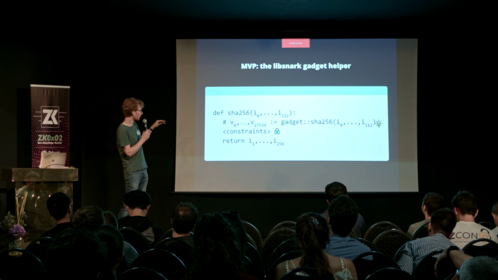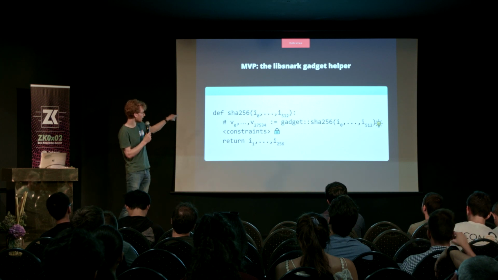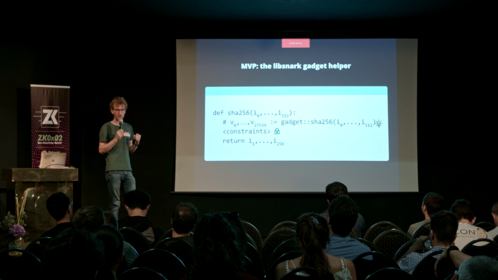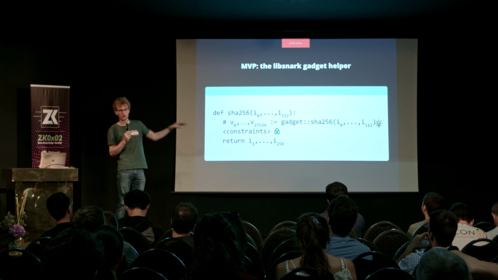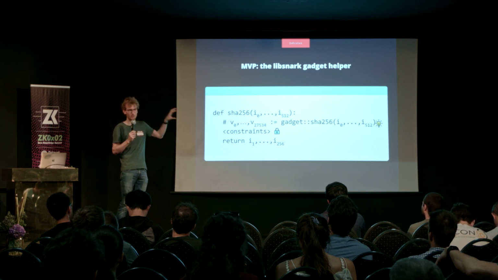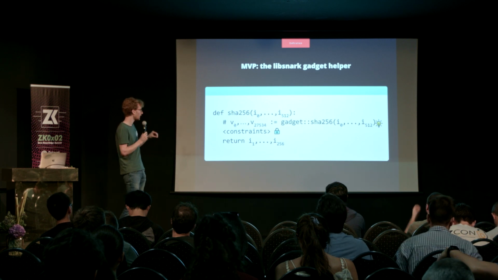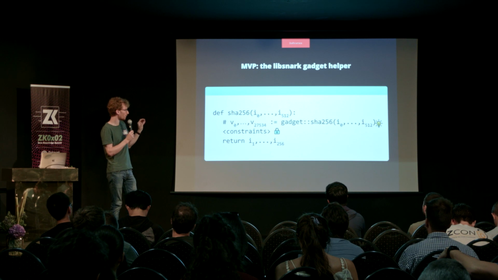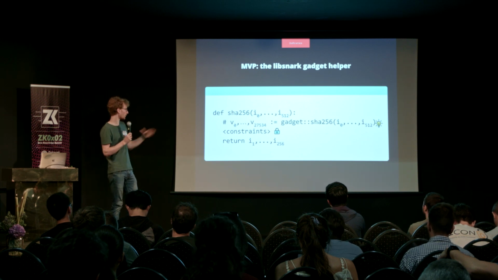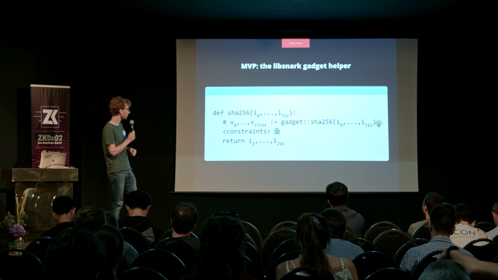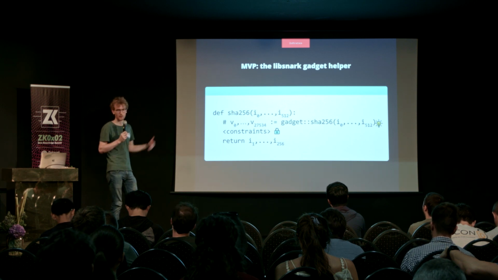And then that's something that's executed in libsnark. So from ZoKrates, we do a call to libsnark to say, hey, what's the solution to this big constraint system for those inputs? And libsnark is going to give us an answer: okay, those are all the values you need to have. But then, again, that's not enough. So we need to add all the constraints. And again, those constraints, we can get them from libsnark because libsnark has the whole circuit.